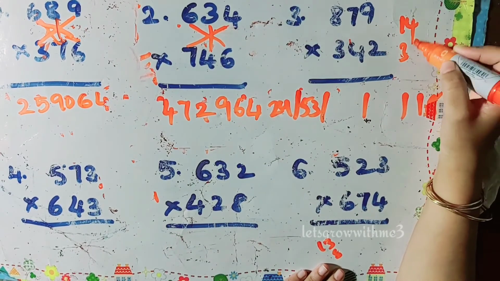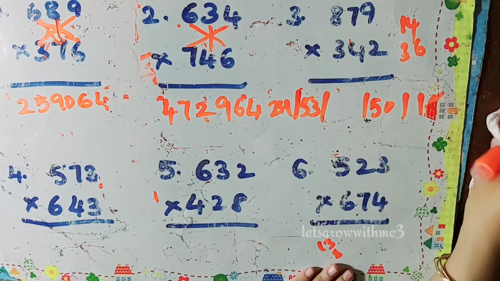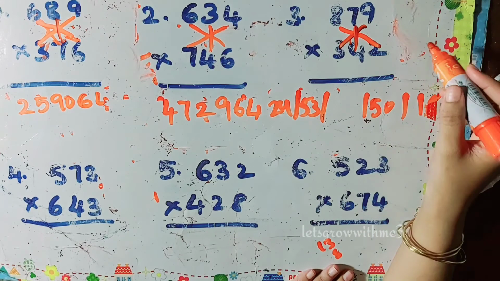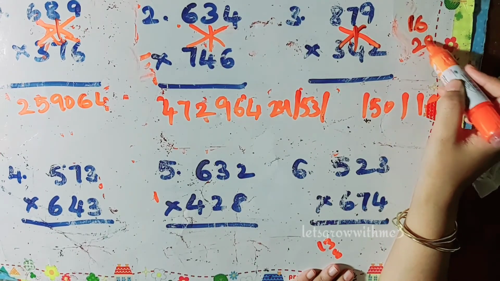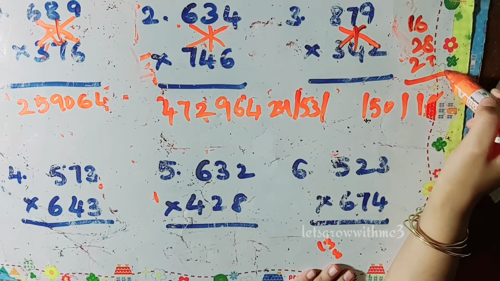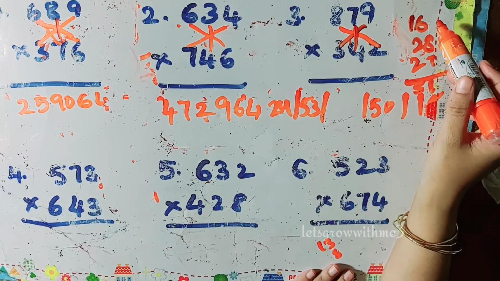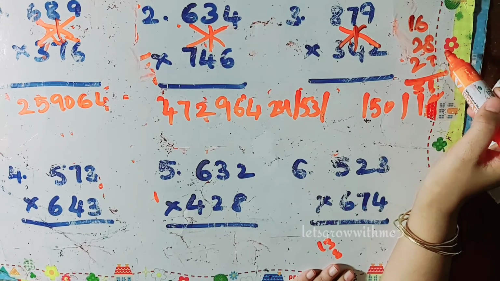The next crisscross is 14 plus 36, which is 50. And then the middle part, the second degree cross: 8 2s are 16, 9 3s are 27, 7 4s are 28. When we add it we get 71. Next 14 plus 7, which is 21.